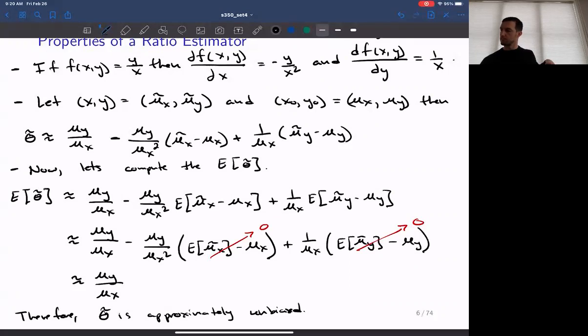All right. Does anyone have any questions so far? We cannot show if it's exactly unbiased because we cannot find the expected value of mu tilde y over mu tilde x directly because they are both random variables.